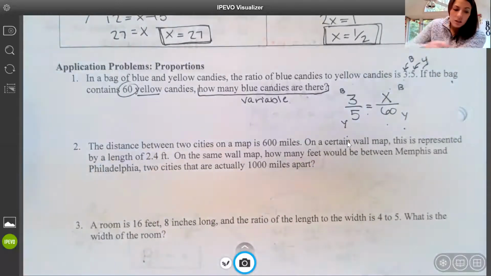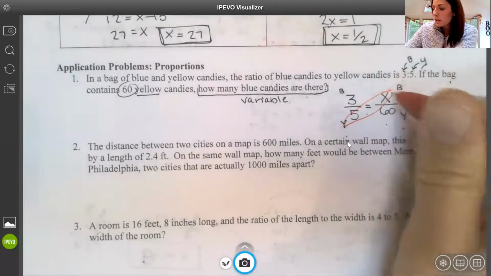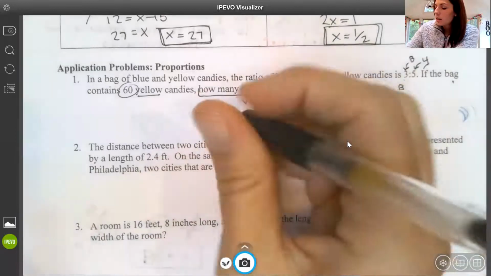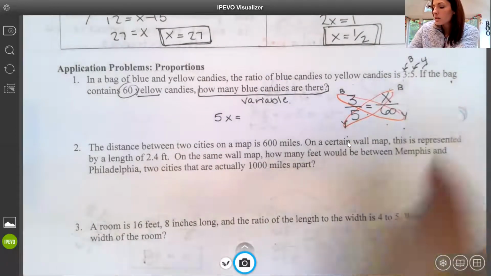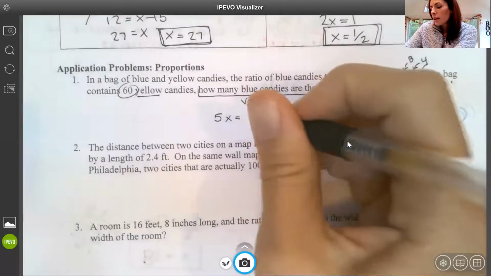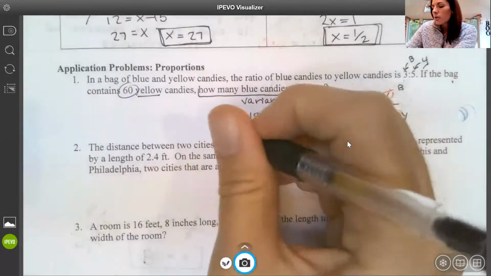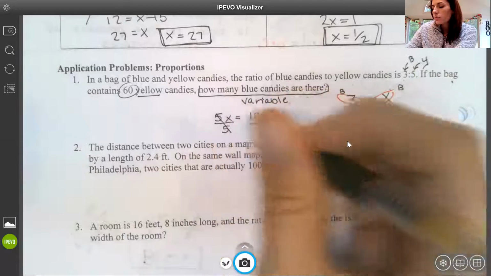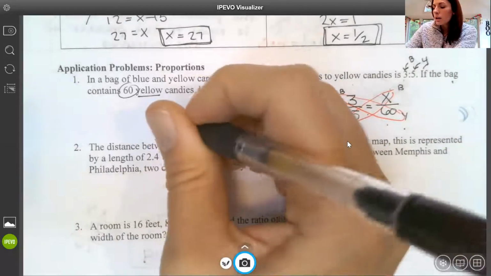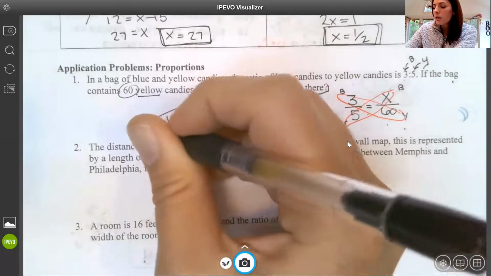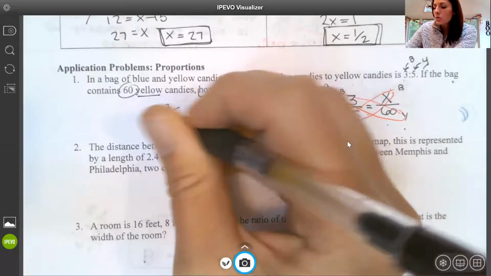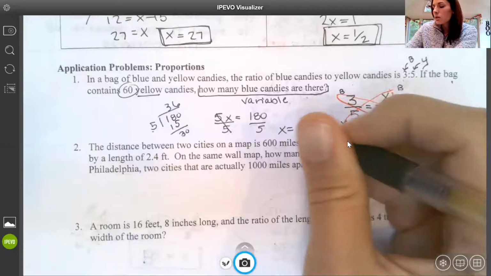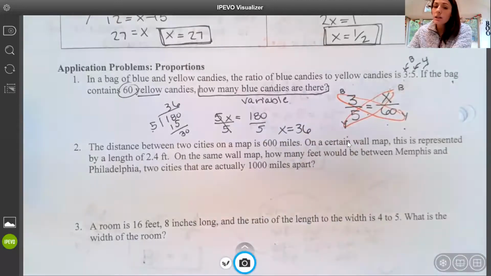And now I'm just going to cross multiply. 5 times x, giving me 5x equals 3 times 60, gives me 180, and I divide by 5. And 180 divided by 5, 5 goes into 18 3 times, leaves me with 30, so it gives me 36.